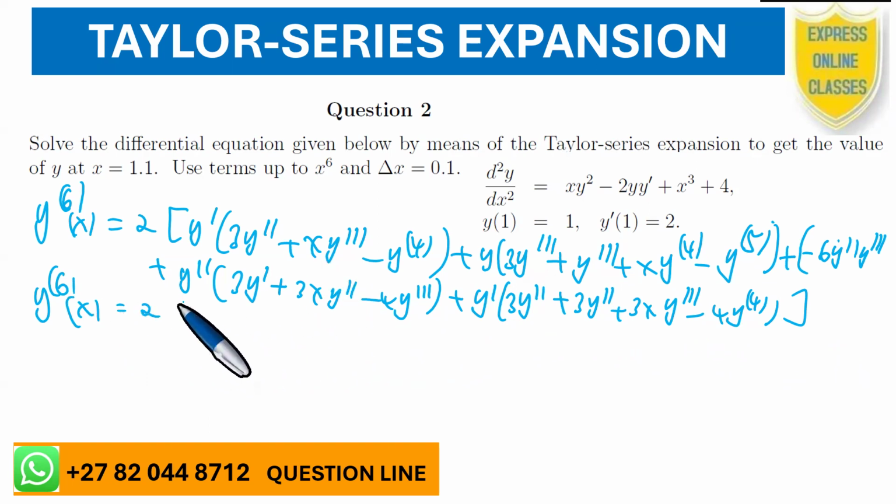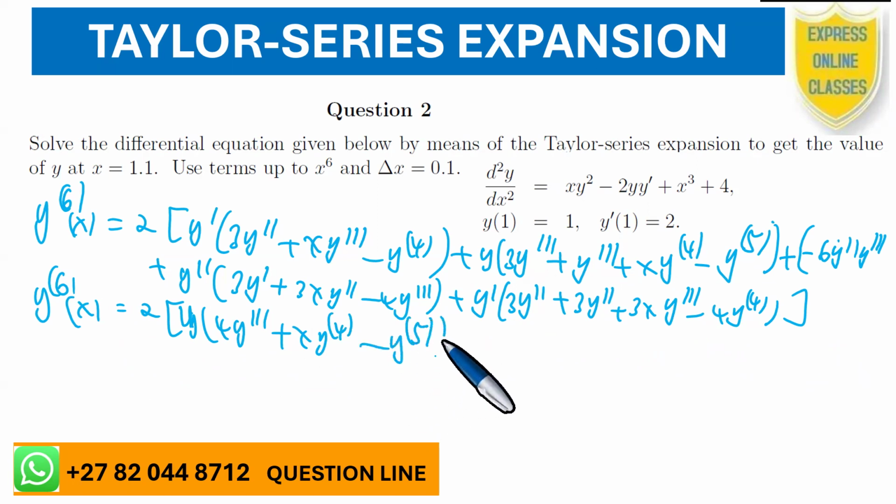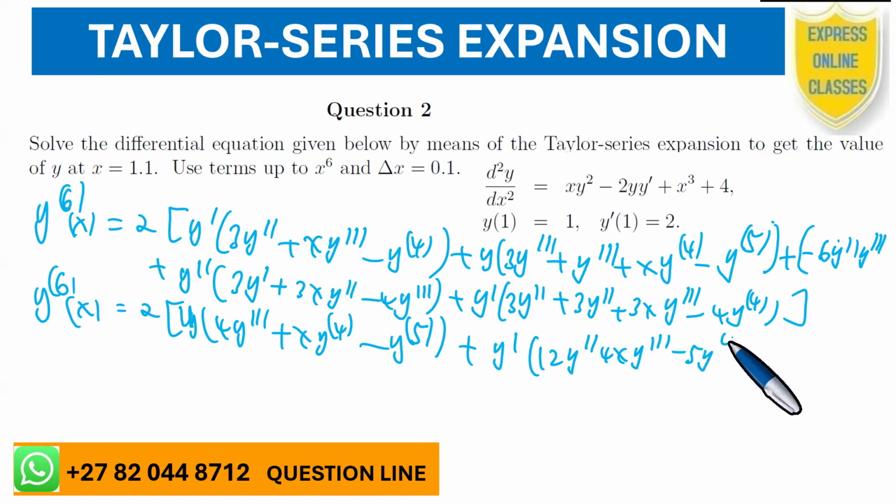You must be able to get 2y, 4y triple primed, axy to the fourth power minus y to the fifth power, and then 12y double primed, 4xy triple primed to the fourth, and then it is 3xy minus 10y triple primed.